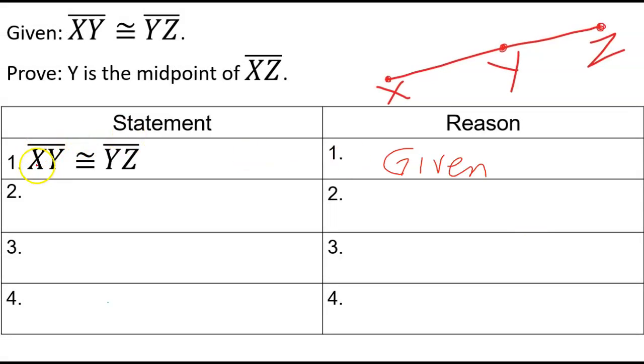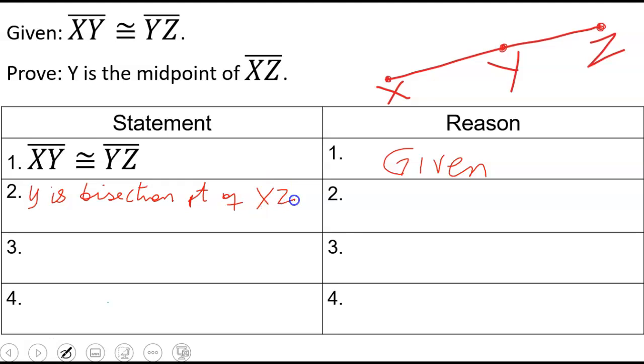Since the only thing we are given here is that segment XY is congruent to YZ, it means something divides them. So we can say, step 2, that Y is the bisection point of segment XZ.